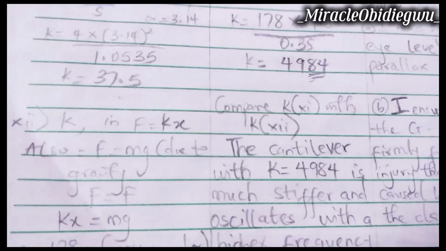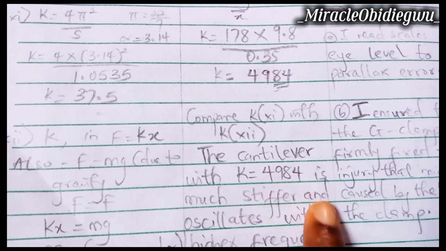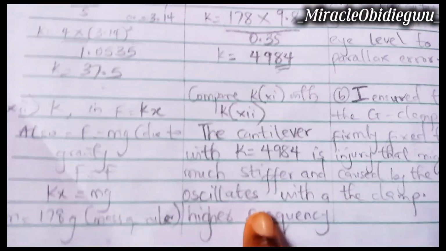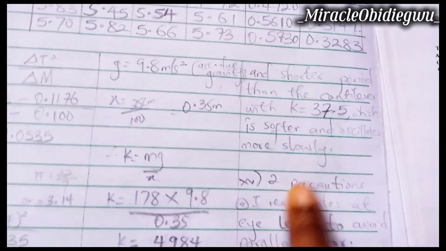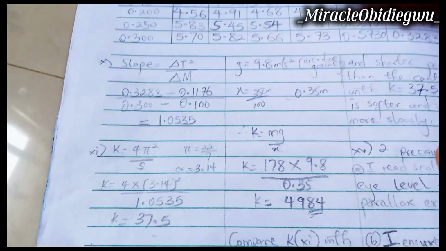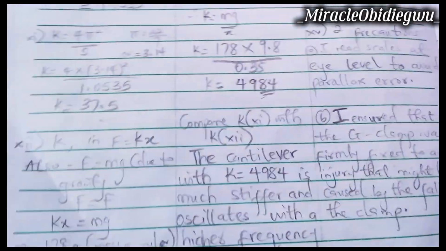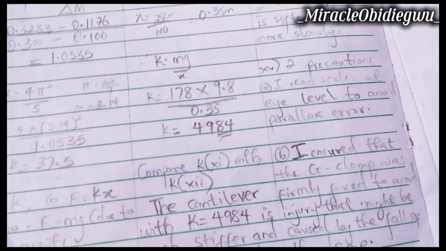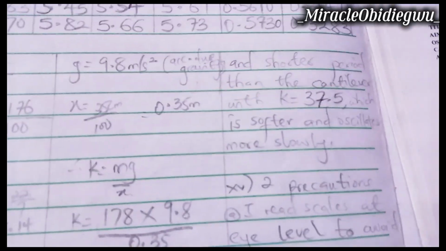To compare, it means that the cantilever with k equal to 4984 is much stiffer and oscillates with a higher frequency than the cantilever with the smaller k. So you can also browse this particular question. It means that this one with 4984 moves faster, it has a higher frequency than the other one.